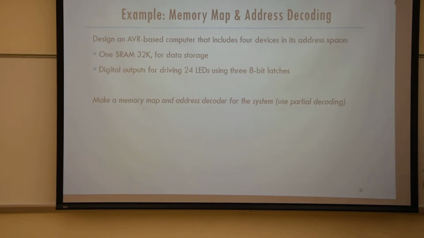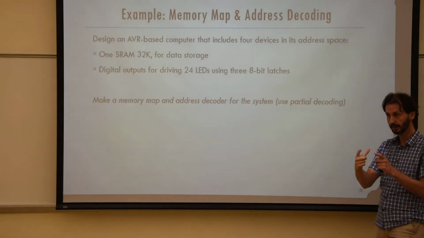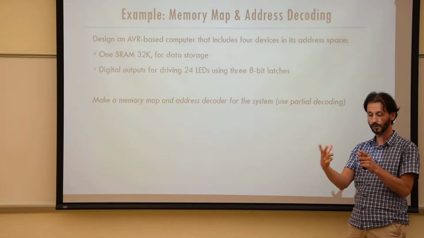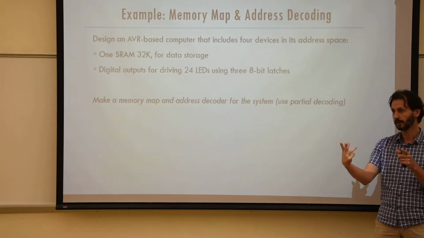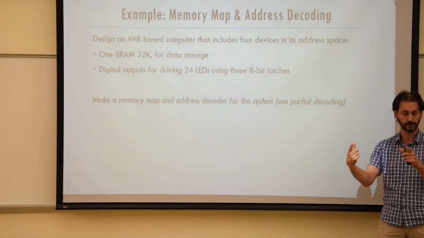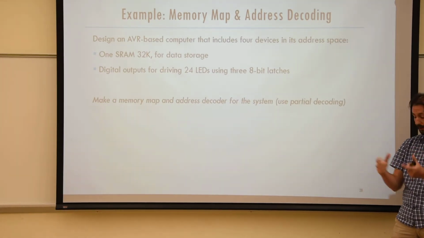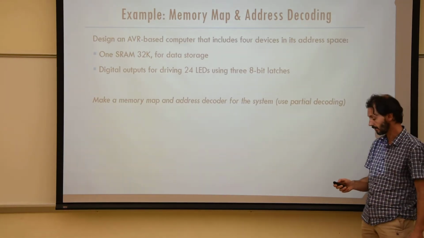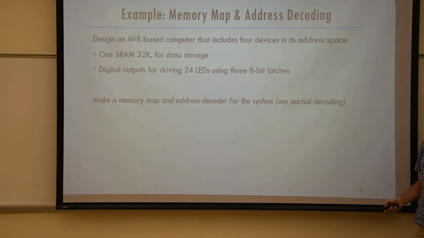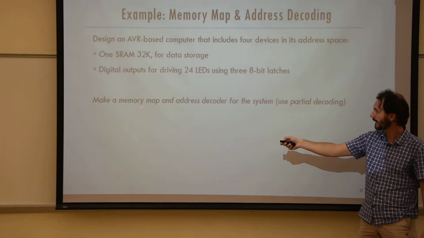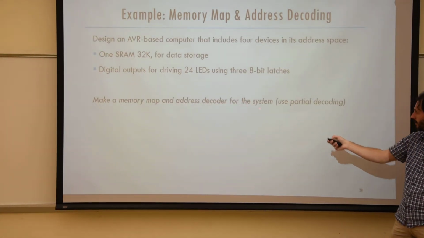So effectively, we're going to transmit a byte to 8 LEDs, and according to the pattern of 1s and 0s, we will turn those LEDs on or off. We have 3 of those, so that means we will have 3 8-bit latches to feed into those 3 times 8 LEDs. Now we need to make a memory map and address decoder for the system.